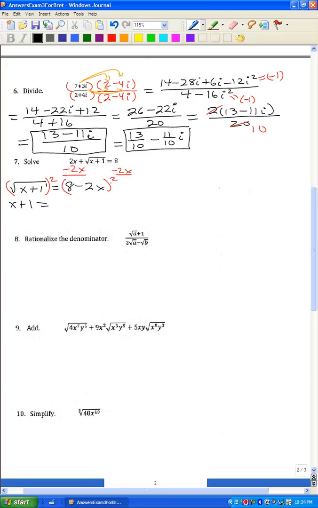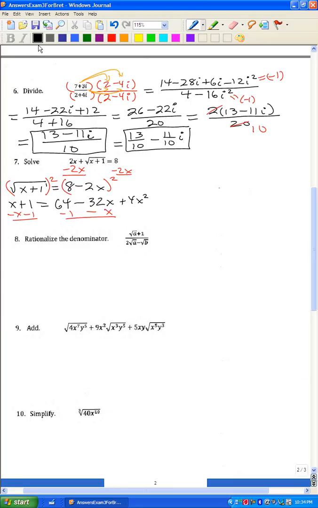well, this is the perfect square trinomial. 8 squared is 64. 8 times negative 2x times 2 is negative 32x. Negative 2x quantity squared is 4x squared. Let me subtract x and 1 from both sides of my equation.